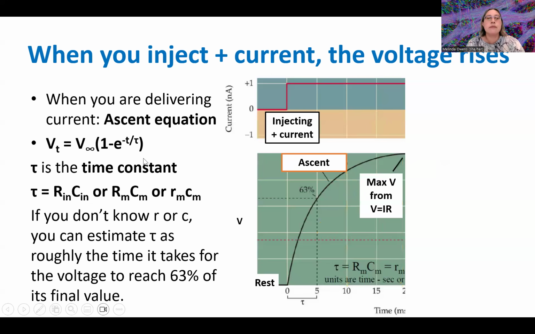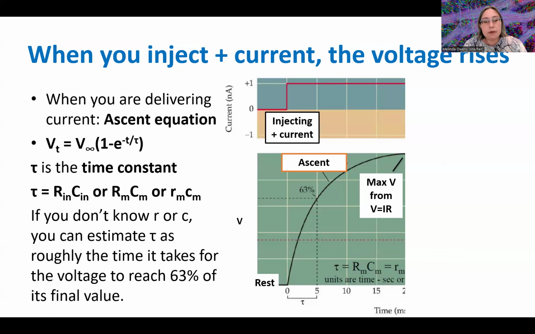What is tau? Tau is the time constant, and that tells you how quickly or how slowly the voltage goes up. And it has capacitance in there because the capacitance is a major determinant, right? It's the capacitance that is preventing the voltage from jumping up right away by siphoning off those charges. So to calculate it, you need both R and C, but they need to match.